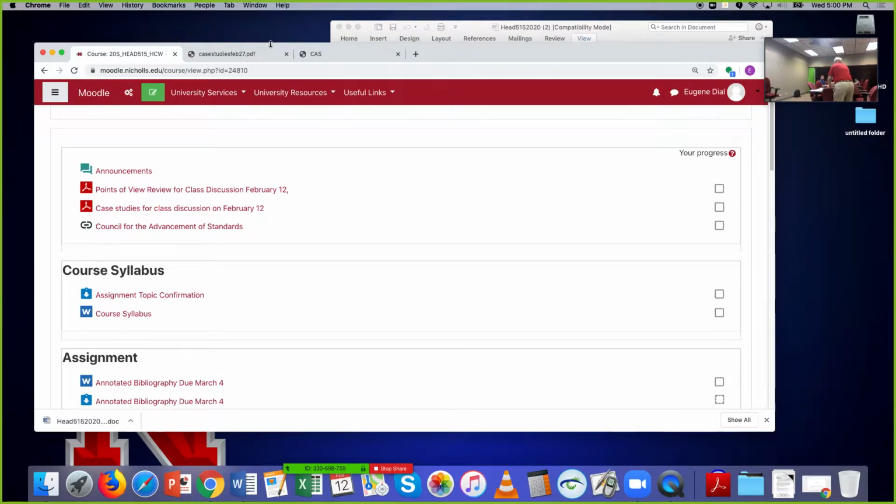Okay, we're going to go ahead and start because we have a basketball game tonight. We can cover what we need to cover in a relatively short period of time. I want to remind everybody that the annotated bibliography is due on the 4th, and be prepared to present the results of the annotated bibliography, either here in person or online.